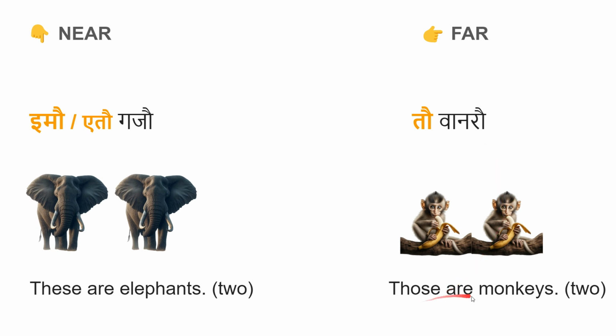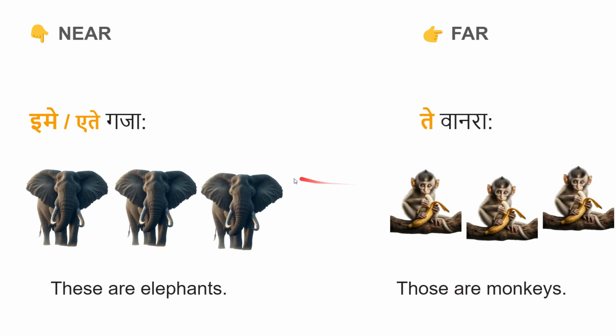Those are two monkeys. Ime gajaha, ete gajaha: more than two animals. So these are elephants. Te vanaraha, te vanaraha. Those are monkeys.